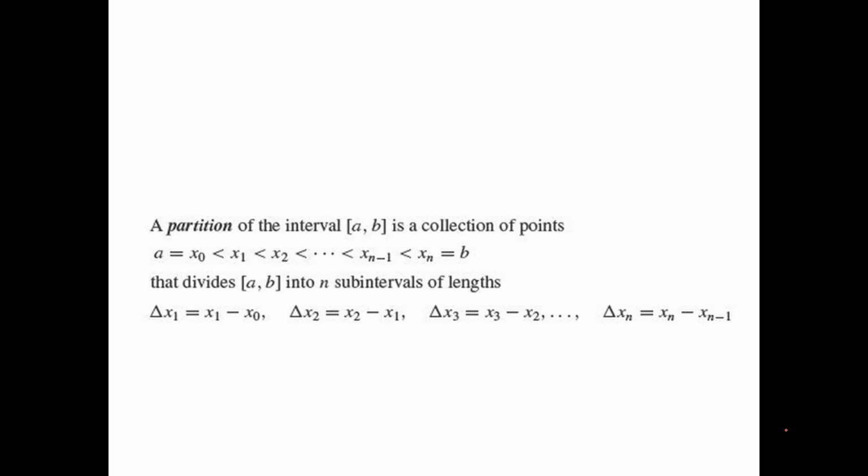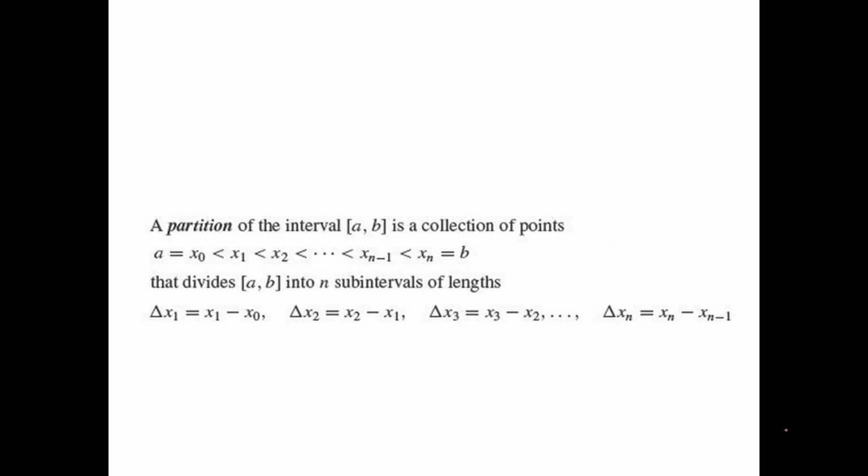Okay, so we'll go over some vocabulary. A partition of the interval AB is just a collection of points. x naught will be a, and then x1, and then x2, and so on, and xn will be b. That divides the interval AB into n subintervals of lengths, and now all the lengths are not the same.